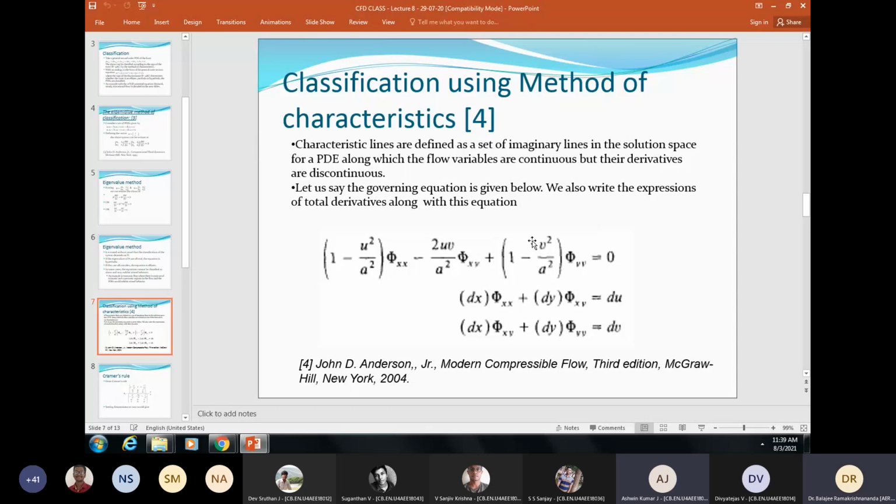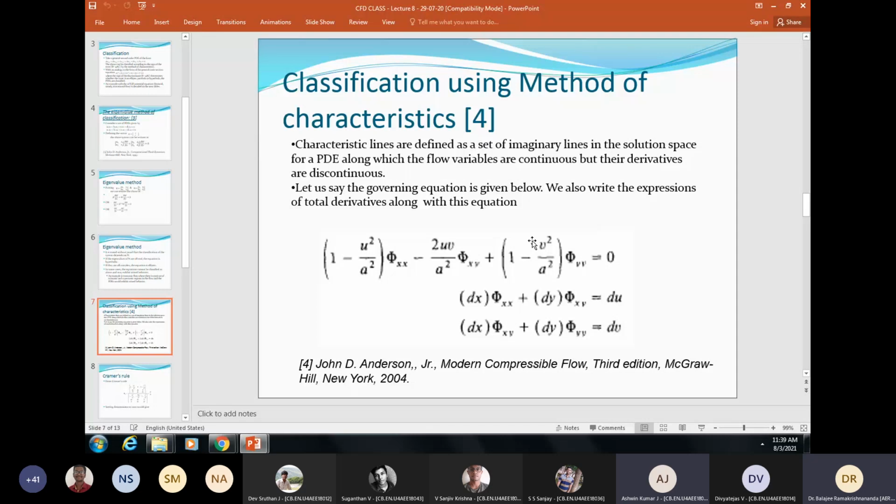For incompressible flow, sir, the governing equation is dou squared phi by dou x squared plus dou squared phi by dou y squared is 0. That is the Laplace equation, correct? Yes, sir. Now, for compressible flow also you can write a potential equation.